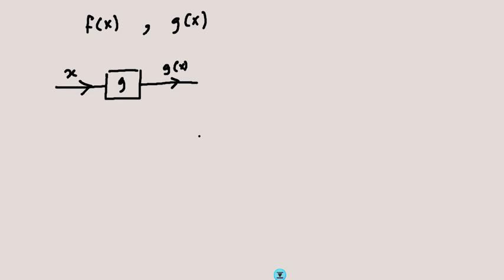And let's say that this output becomes the input to another function f. Now the function f takes in g of x, so g of x is the input to the function f.